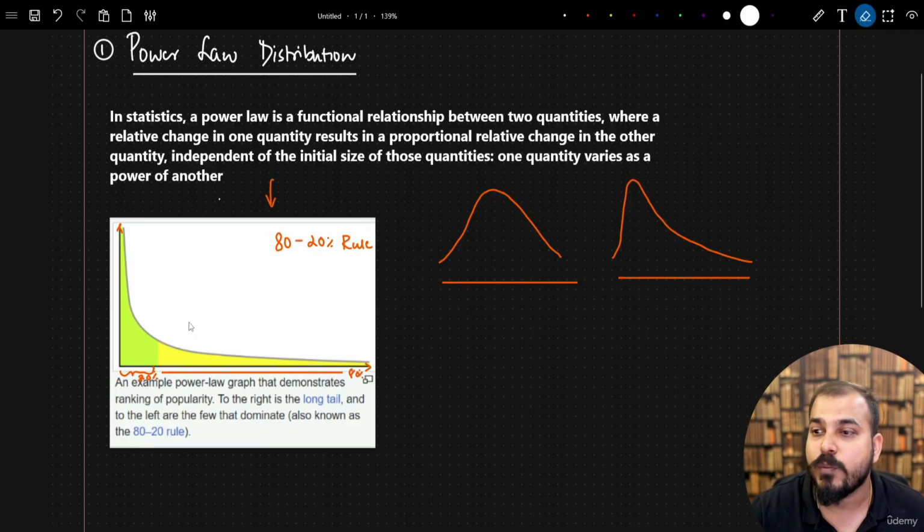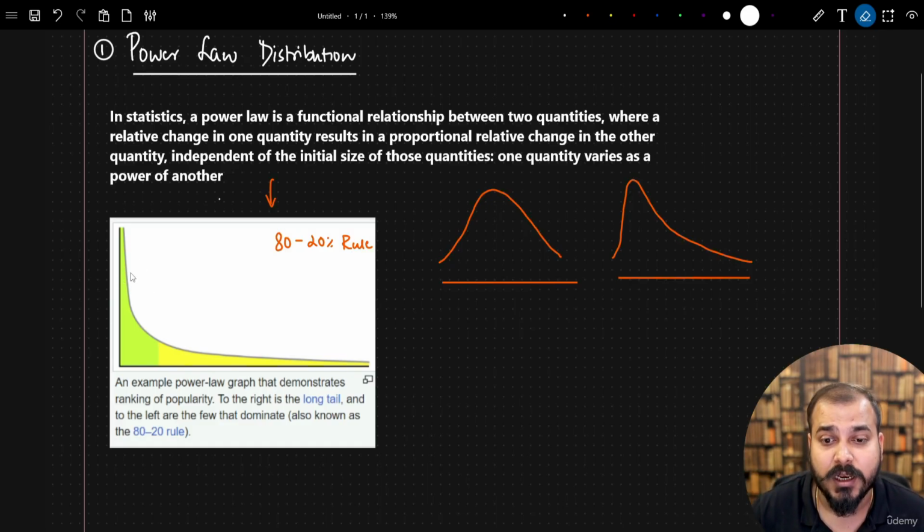This is super important. It is just trying to show you the relationship between one variable and the other. A relative change in one quantity results in a proportional relative change in the other, and the last statement, one quantity varies as the power of another. So whenever you have this kind of relationship, it is called the 80-20% rule.